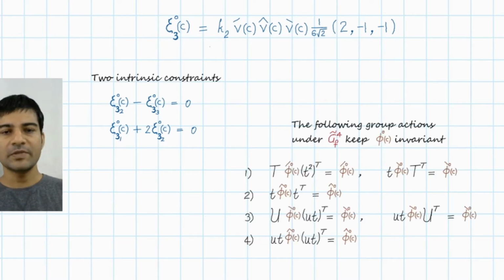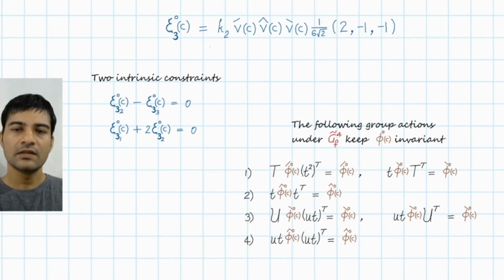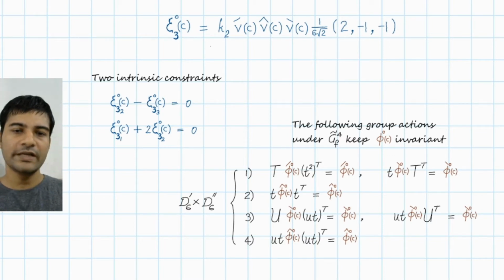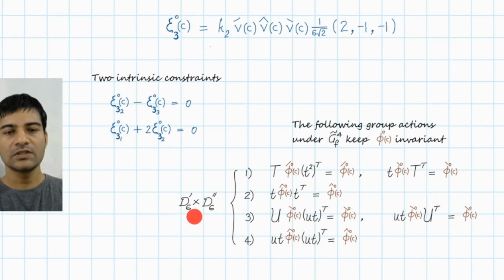We mentioned in the previous video that the elementary field's stationary point phi 0c is invariant under 4 group actions under this larger group G tilde F4. We can show that these 4 group actions constitute 2 dihedral groups, here denoted by D6 prime cross D6 double prime.